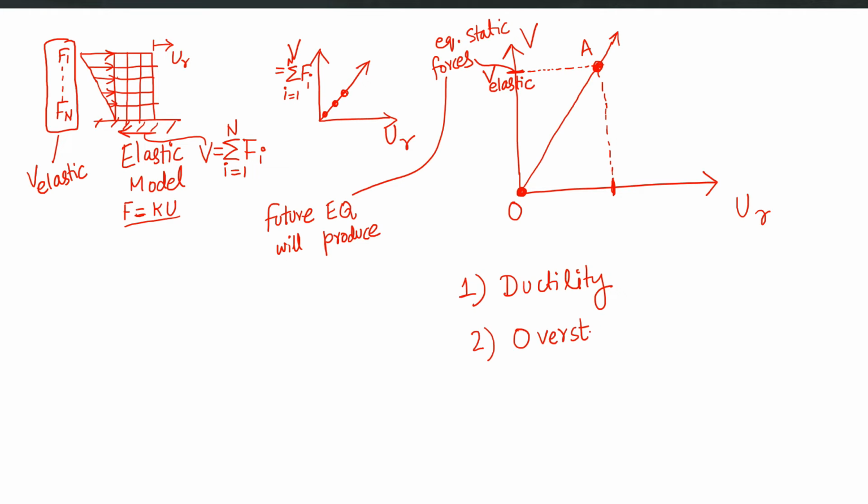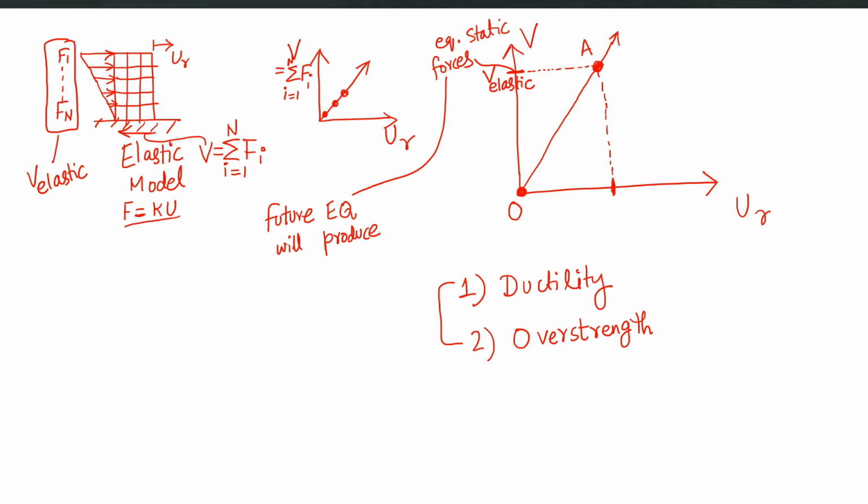There was a time in the past when we were designing our structure on V elastic, right? But later on we realized two important players which can play a very important role in seismic design. One is called ductility. Structures have a beneficial kind of property, which we can use to economize our structure. And second is the overstrength.